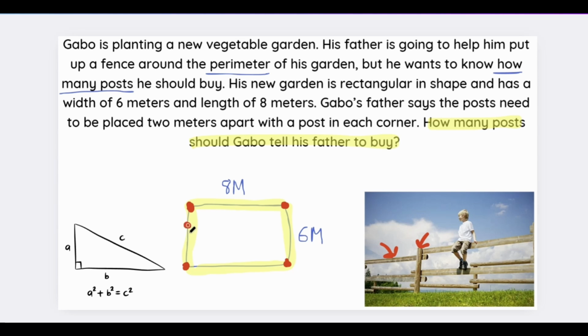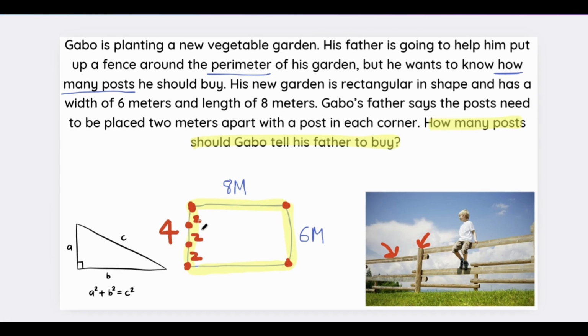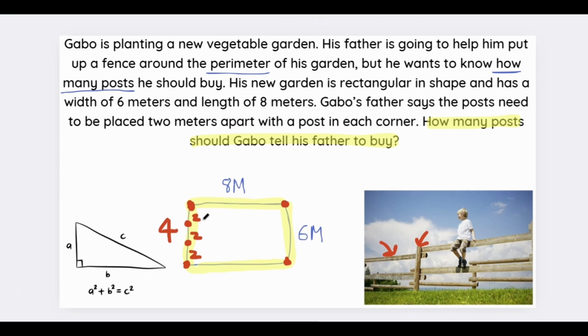Put a post here and a post here, and that would be 2 meters apart, 2 meters apart, 2 meters apart. So right there is 4 posts you're going to need on this side, because that would be 2, 2, 2. Therefore, it would be equivalent to 6 meters.